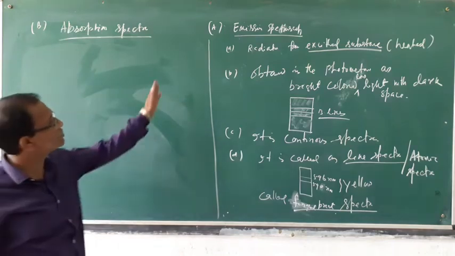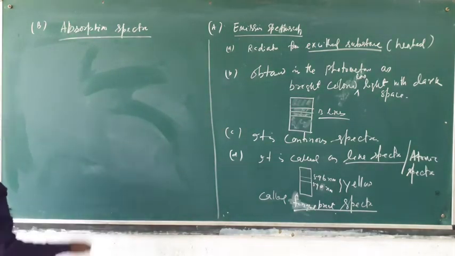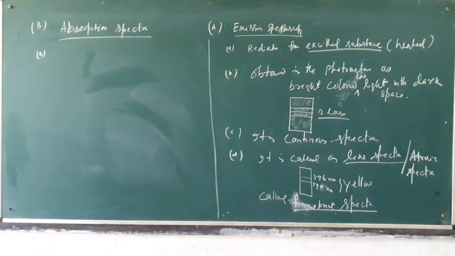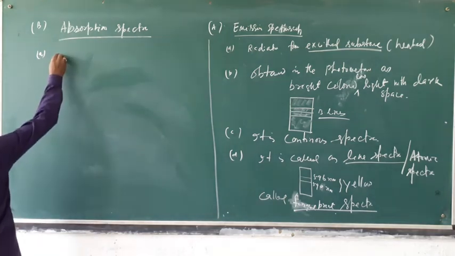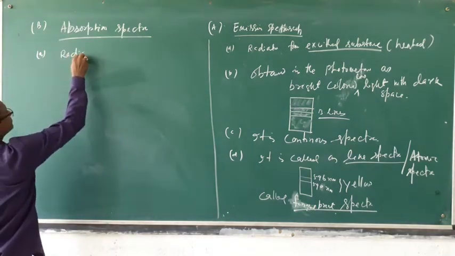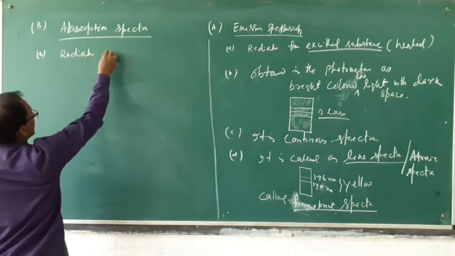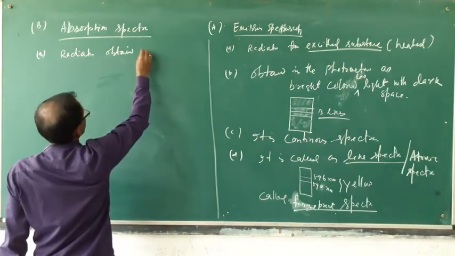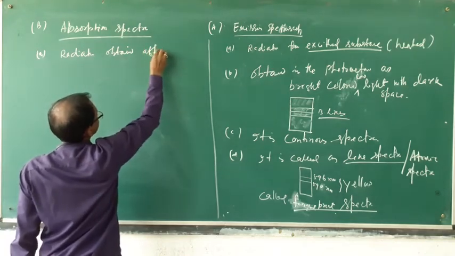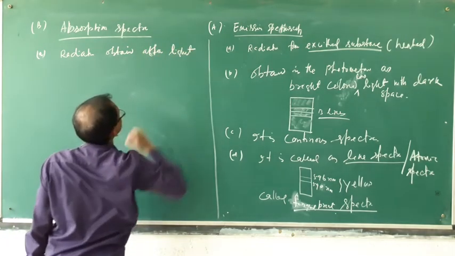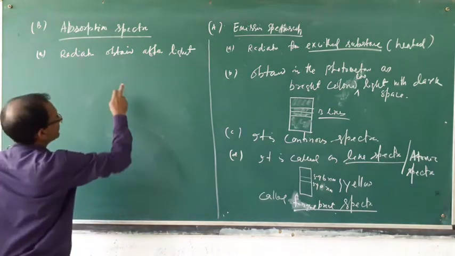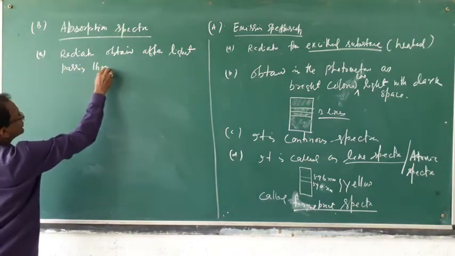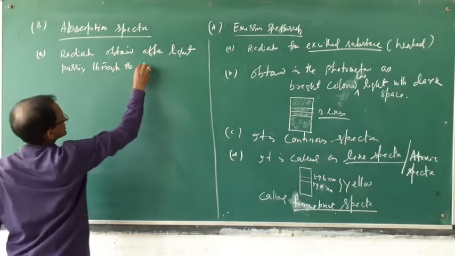Absorption spectra is just the opposite of emission spectra. It is mainly the radiation obtained after light, mainly white light, passes through the substance.